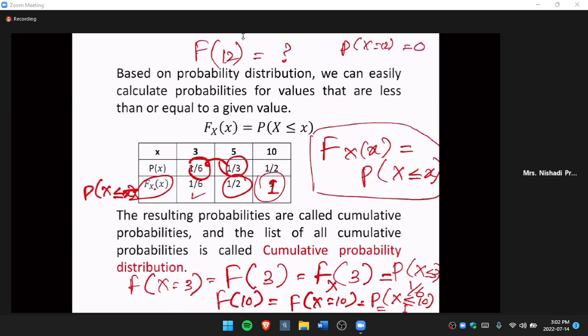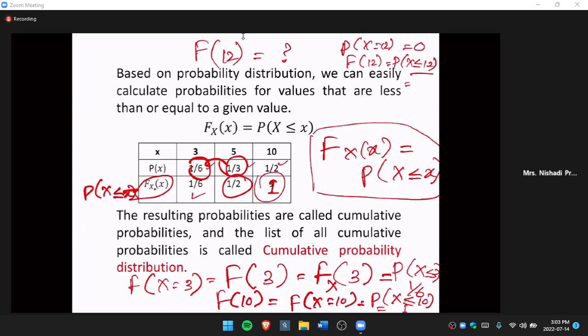But you are asked to find cumulative probability of 12. F of 12 means probability when x is less than or equal to 12. There are 3 values that are less than or equal to 12: 3, 5 and 10. Which means you have to add all the probabilities: half plus 1 over 6 plus 1 over 3.